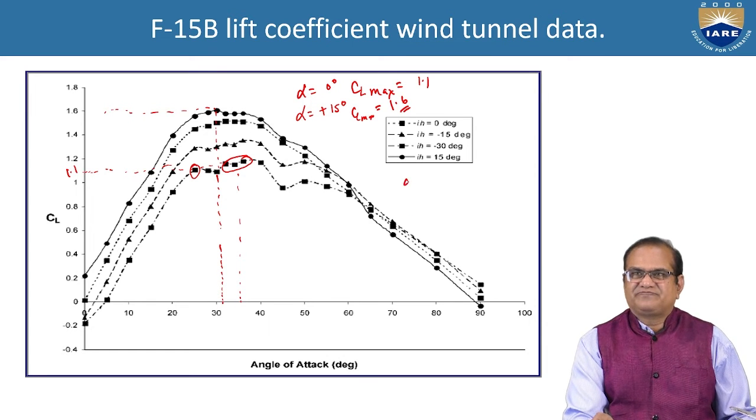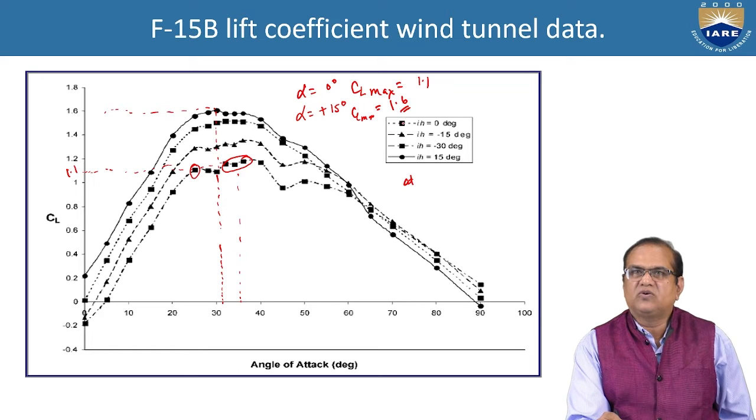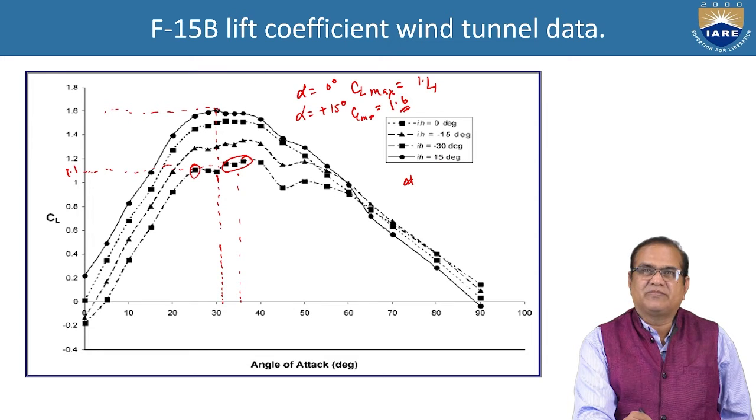So we can see that at alpha equal to 0 it is giving somewhere 1.4. But when the incidence angle of the horizontal tail is positive 15 degree, we are going to get the maximum coefficient of lift, but the stall angle is somewhat reduced.